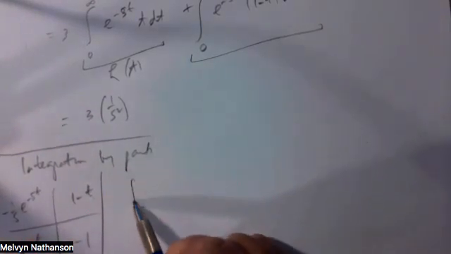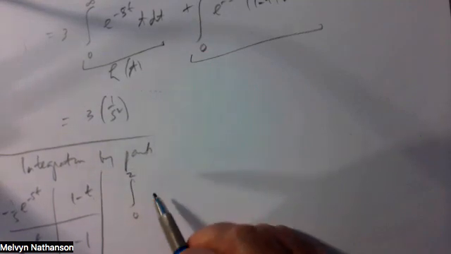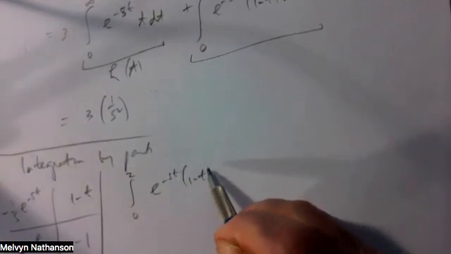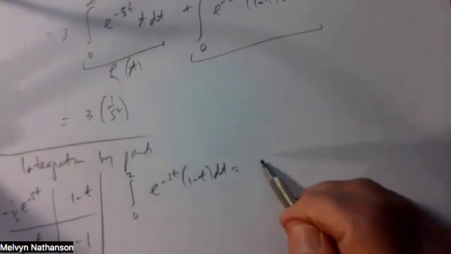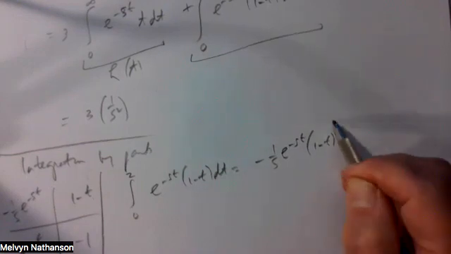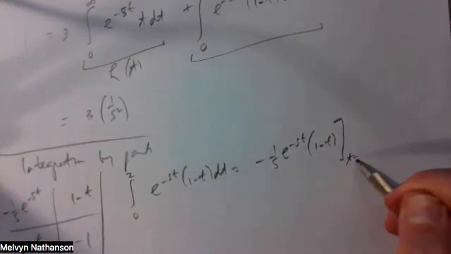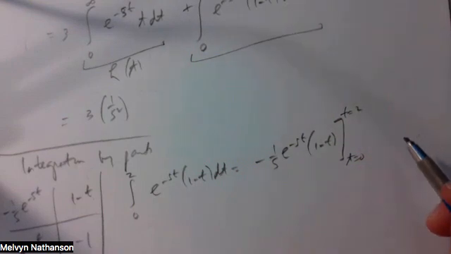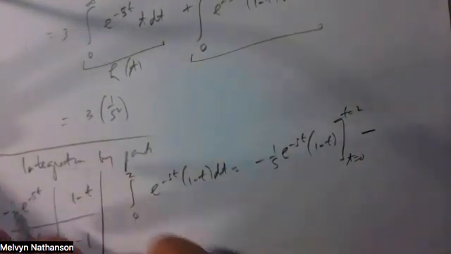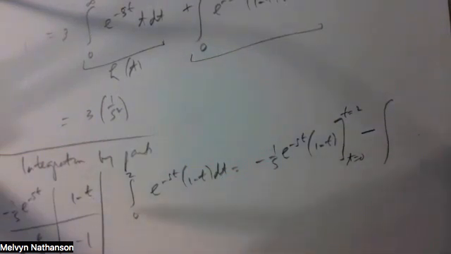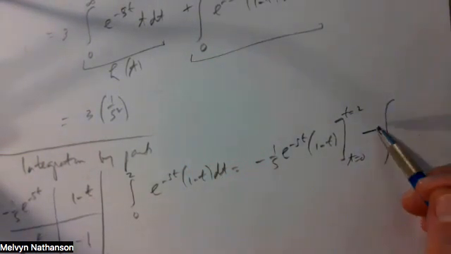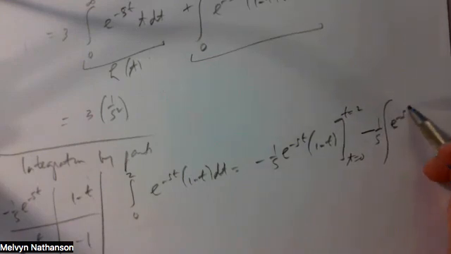If I integrate this with respect to t, I get minus 1 over s, e to the minus st. So the integral from 0 to 2, e to the minus st, 1 minus t dt, is minus 1 over s, e to the minus st, 1 minus t, evaluated from t equals 0 to t equals 2, minus the integral of this, minus times minus is plus, 1 over s, e to the minus st dt, from 0 to 2.